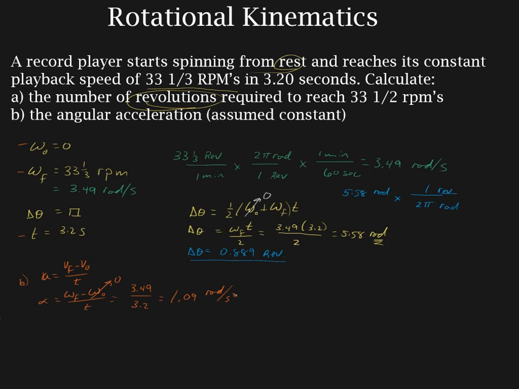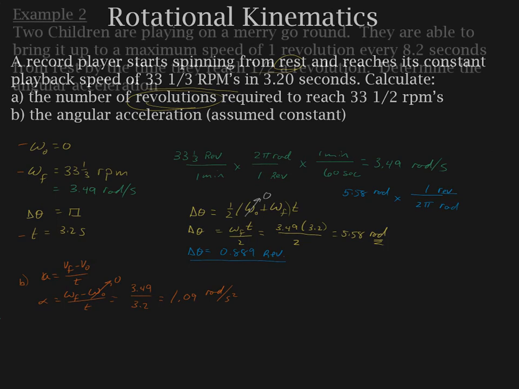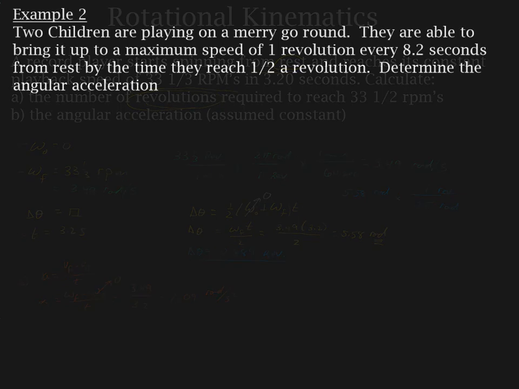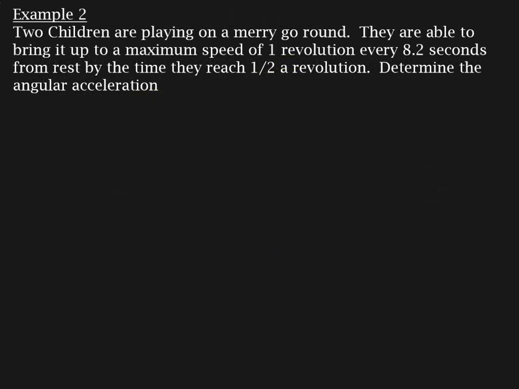Okay, so let's take a look at another problem. Okay, so here's example number 2. Two children just playing at the playground. There's a merry-go-round, and it takes 1/2 of a rotation or 1/2 of a revolution to get the merry-go-round up to the maximum possible speed that it's going to reach.